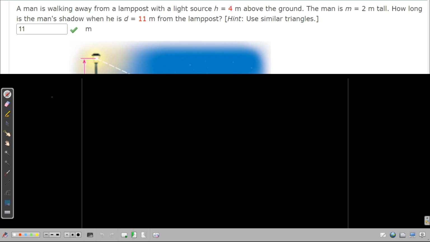All right, so this will be a common problem that you see in calculus. We have a light post, or not a common problem, but a favorite problem.